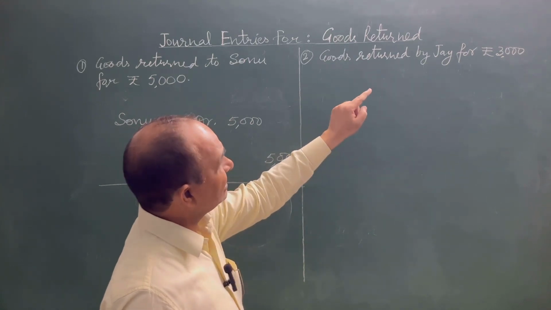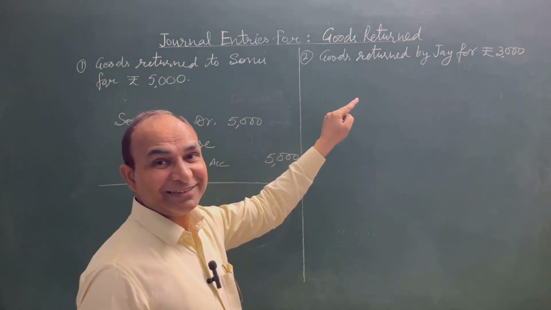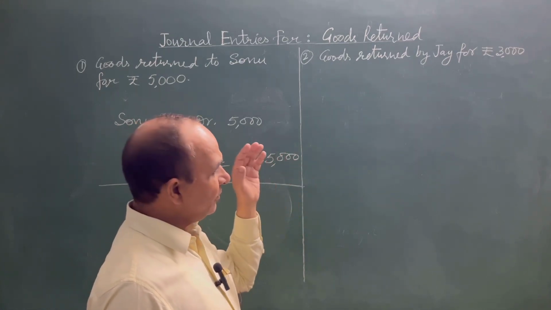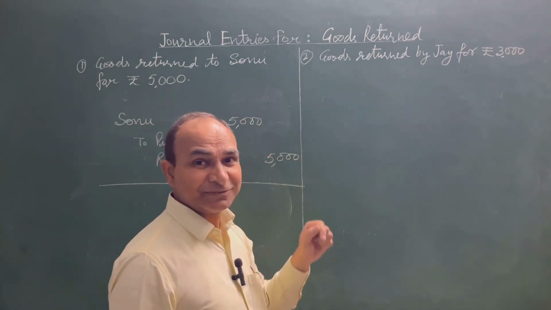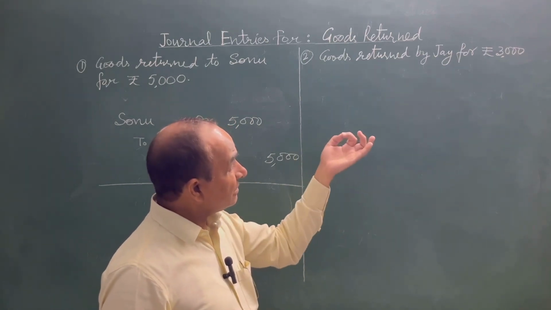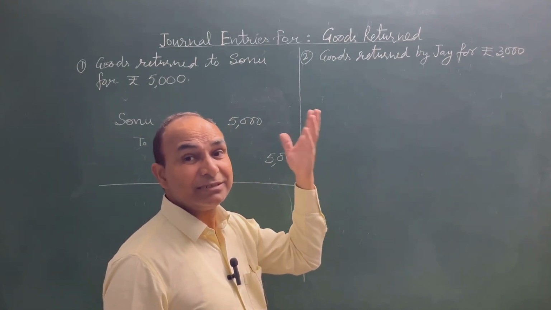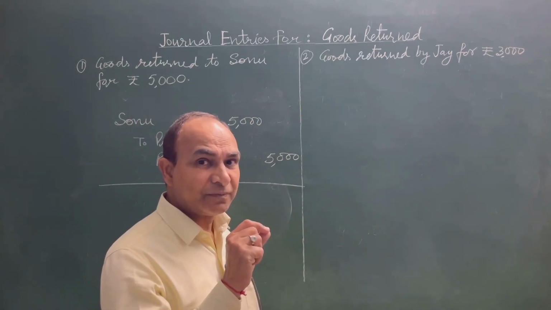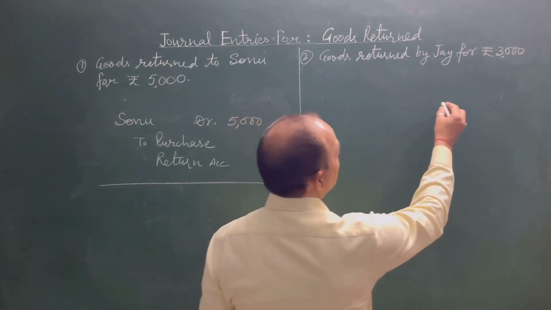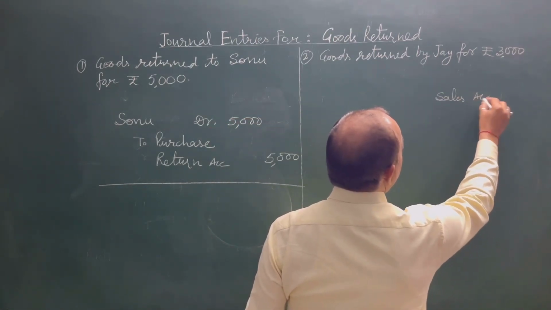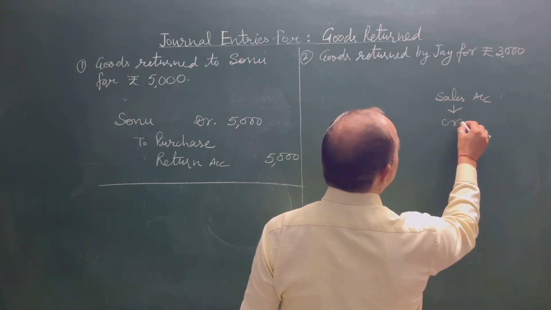Goods returned by J. Who is J? J is our customer to whom we must have sold some goods. But on account of some defect, he returned goods worth rupees 3000. Remember one thing, when goods are sold, we maintain a sales account, and the sales account is credited.